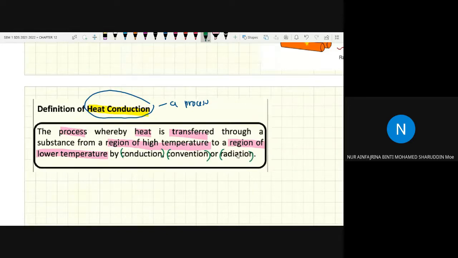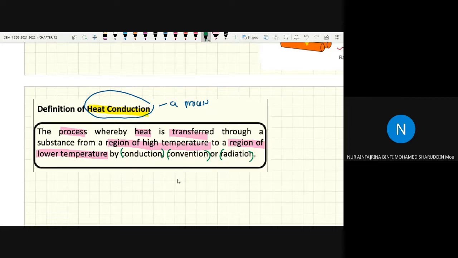So whenever ada perkataan heat conduction, you must know it is a process. Process of what? Process of heat transferred through a substance from a region of higher temperature to a region of lower temperature by conduction, convection, or radiation. That's all about definition of heat conduction.